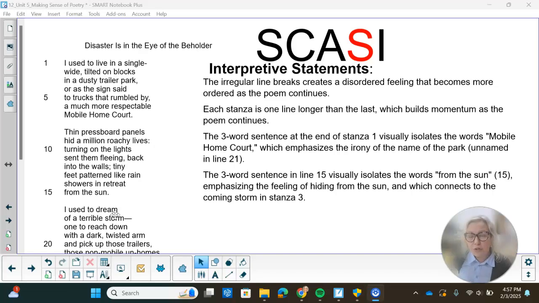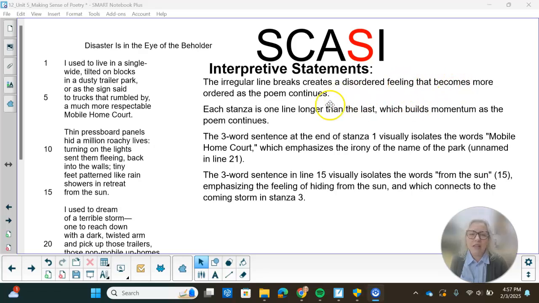Whenever you're making an interpretive statement in poetry, you have to be able to go back to something that is not interpretive, something that's not debatable, something that's literal in the poem. And so I tried to do that within each interpretive statement. So the irregular line breaks, and I would explain how they're irregular, if I were arguing this, creates a disordered feeling that becomes more ordered as the poem continues.